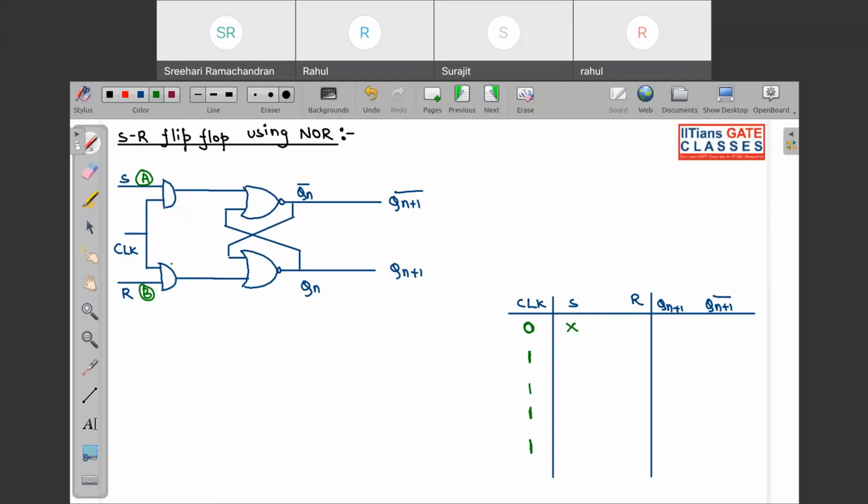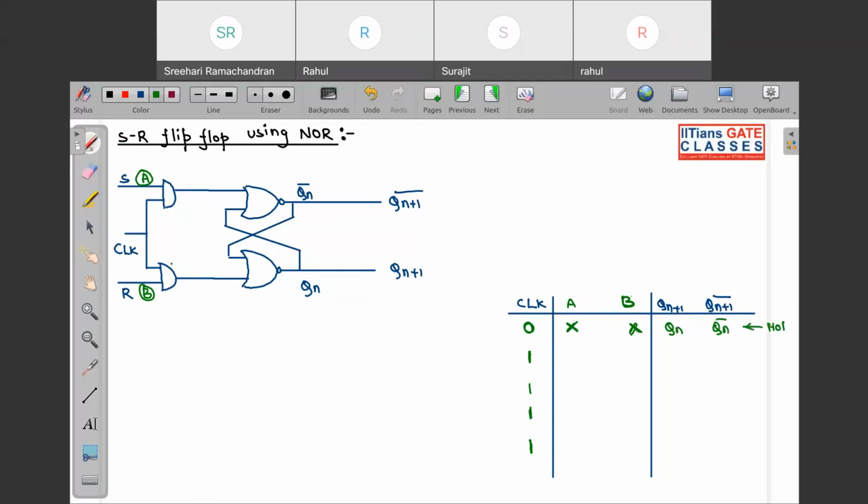So it doesn't matter what your input is. Over here I have taken A and B; later on I will tell you how to take S and R. So this is don't care, it can be 0, 1, anything, and the output will always be in hold state.